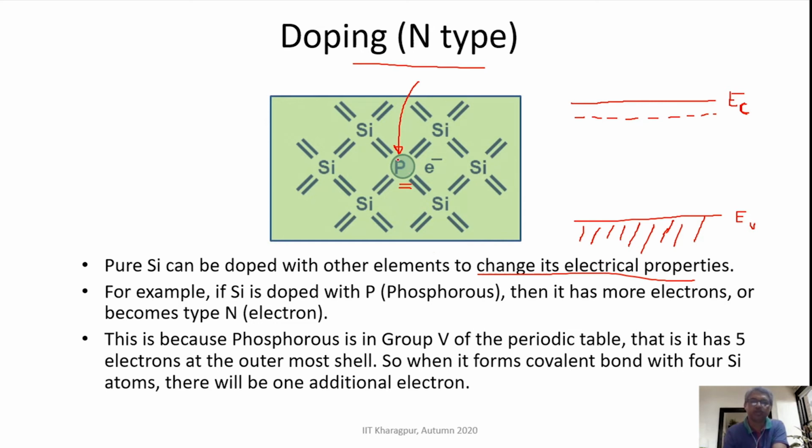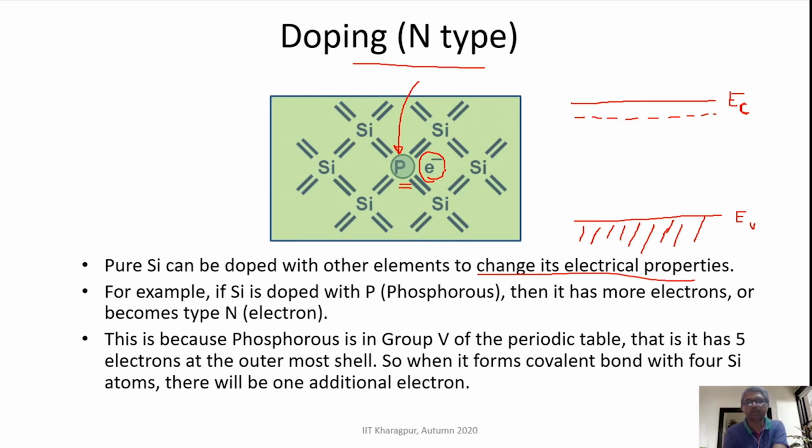Phosphorus will form covalent bonds with 4 neighboring silicon atoms, but 1 extra electron remains, because phosphorus only needs 3 more electrons. Because it has 5 electrons at the outermost shell, and we all know any atom needs 8 electrons at the outermost shell to form an octet, or stable configuration.